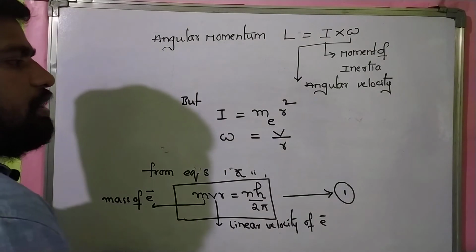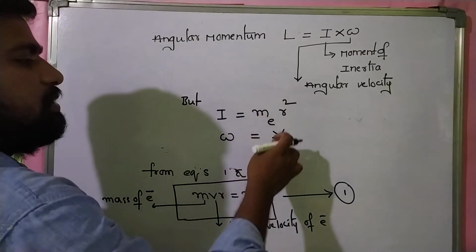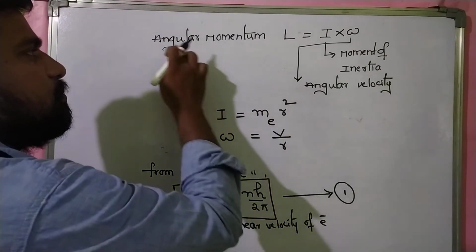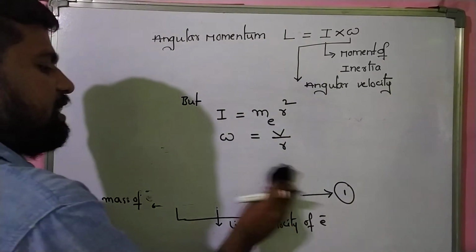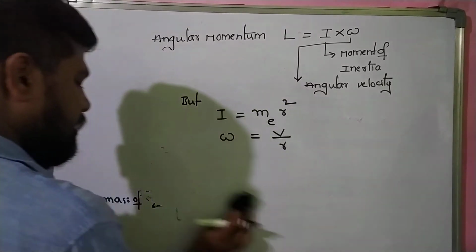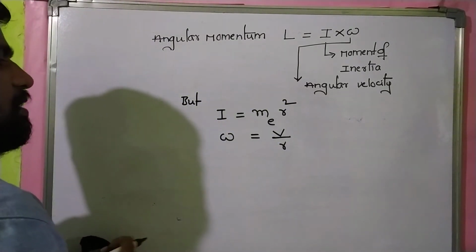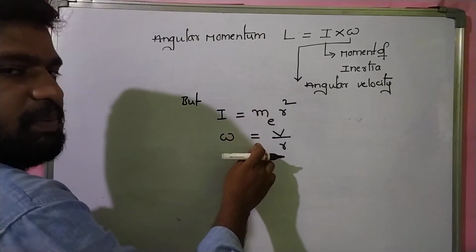According to these two values, we can easily get the orbital angular momentum by using these two mathematical expressions.